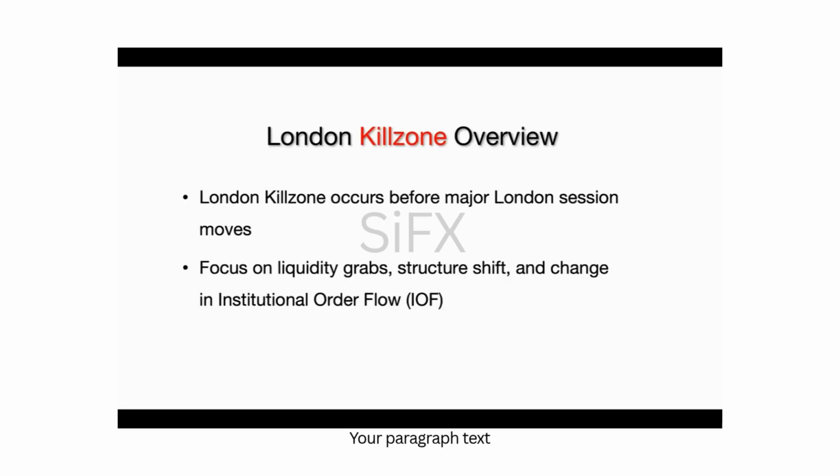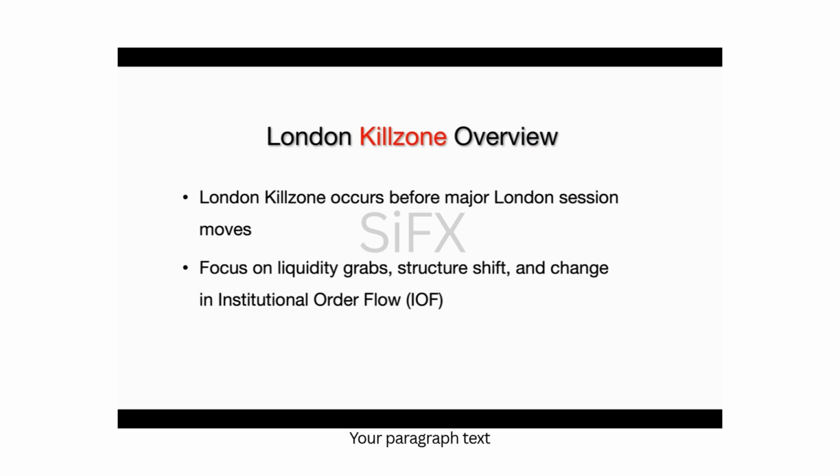So London Q zone overview. London Q zone basically occurs, like I said earlier on, before major London session moves. All right, so this is where you get the most volatility after the manipulation. So what are the things to focus on within this time window? The first is to focus on liquidity grabs. This is very, very essential as far as this concept is concerned.